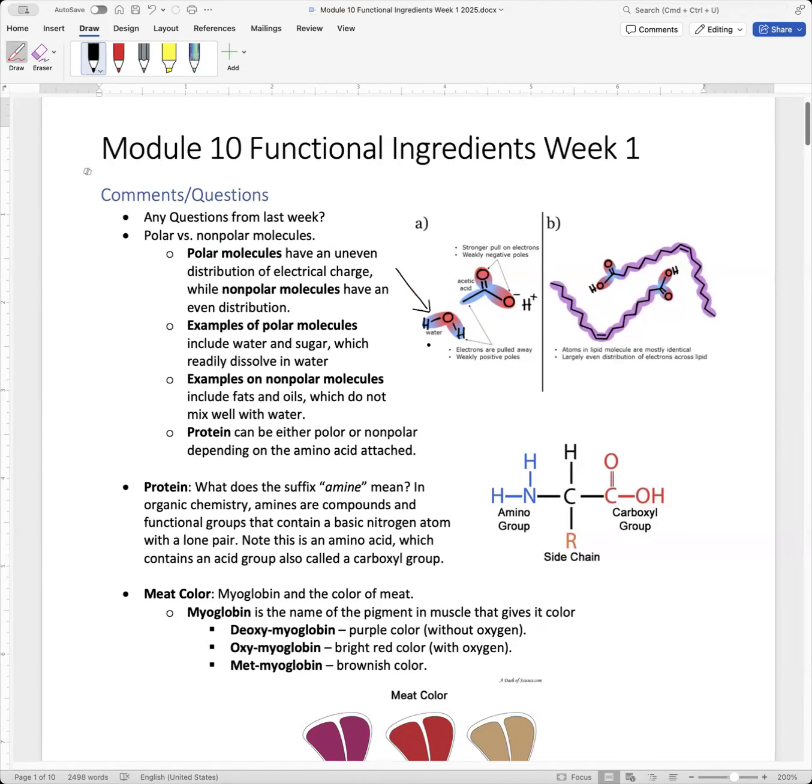Because the oxygen is really large and the hydrogens are really small, the hydrogens tend to have a positive charge and the oxygen a negative charge. And so that makes it polar. It has positive and negative signs.